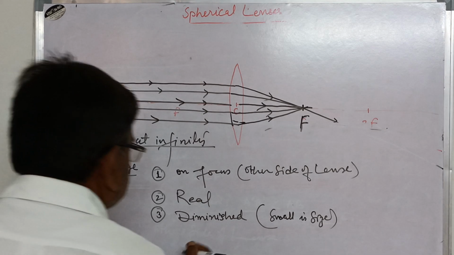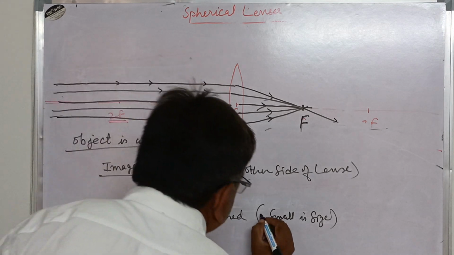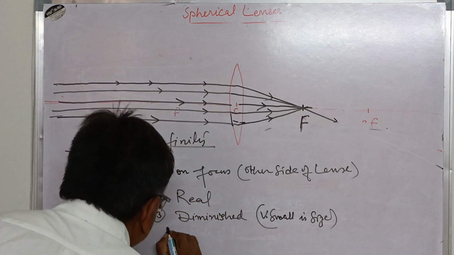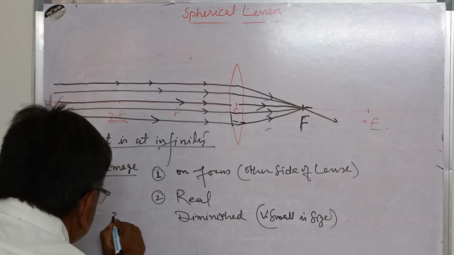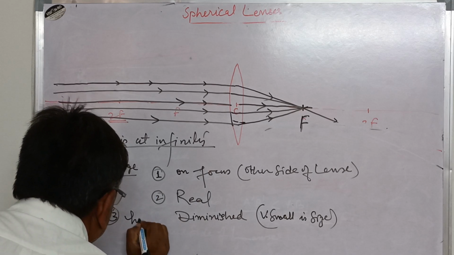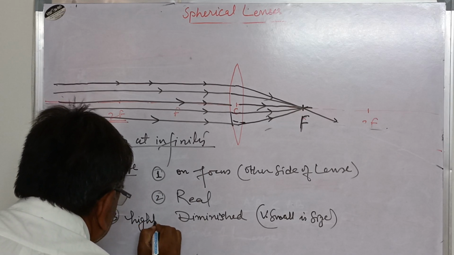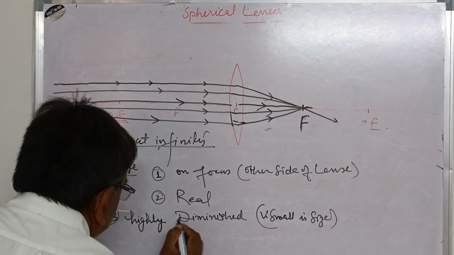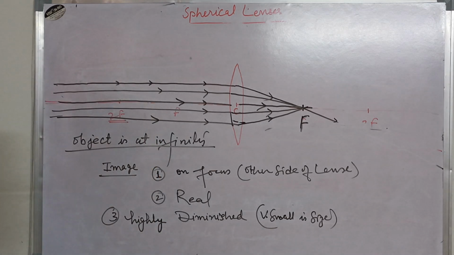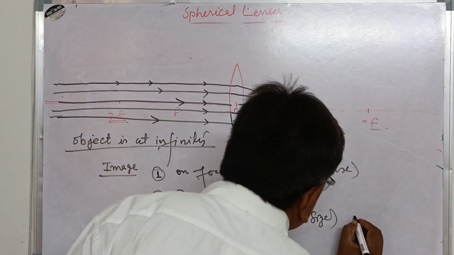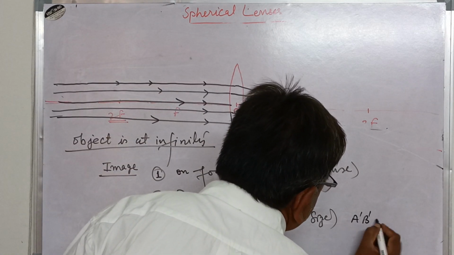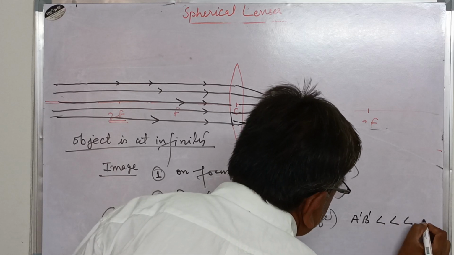Highly diminished, you can take it as very small. Here, in number 3, you will write clearly highly diminished. The object is very large, so a very small image will be formed. Highly diminished and very small in size means A dash B dash is very much less than AB.